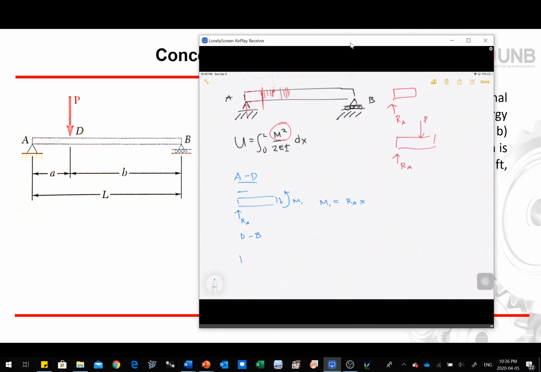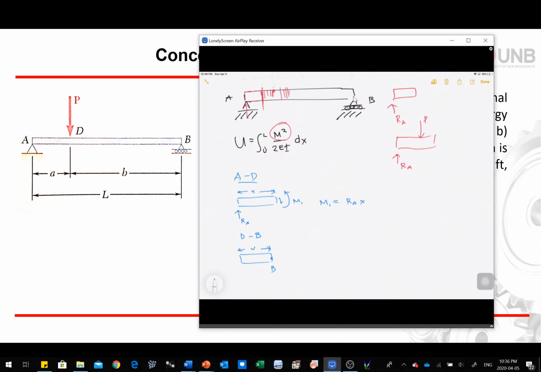So now we call this section as our X. Now for section DB, to make it simple, instead of cutting it on the left and making our A as 0, we can assume for the second equation that our reference point is our point B, which means that I cannot call it X. I can now call it V. You will see later that this is kind of the same.